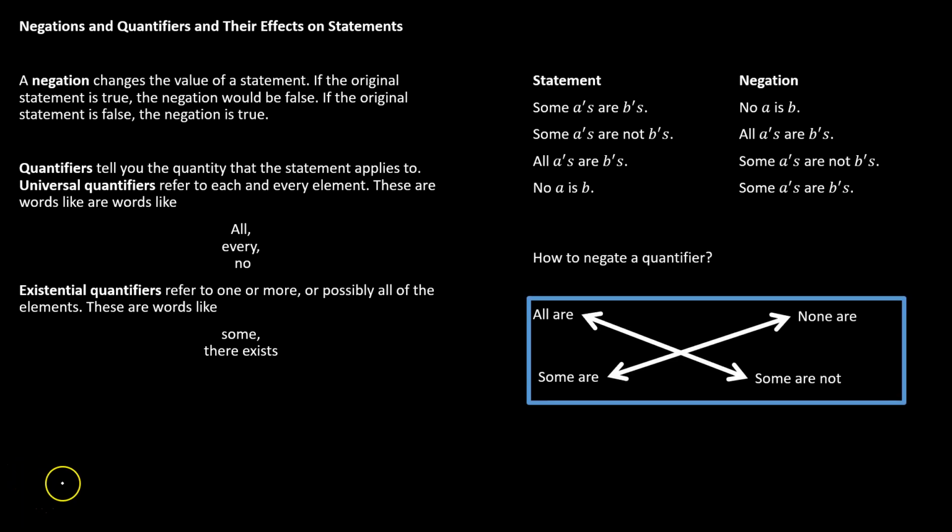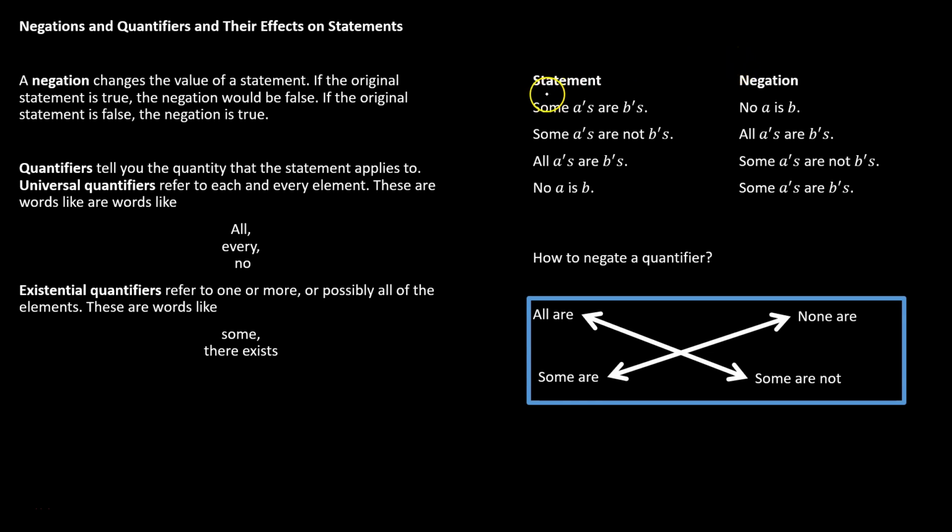Now that we know what the quantifiers are, we can take a look at some examples. So we have a few statements here. Each statement involves a quantifier. And then in this second column, I have the negation of that statement.